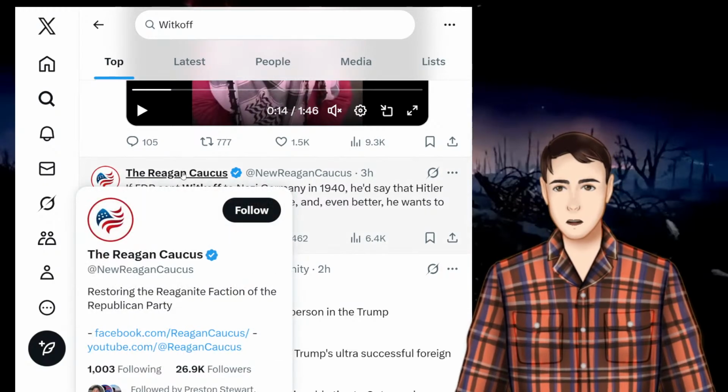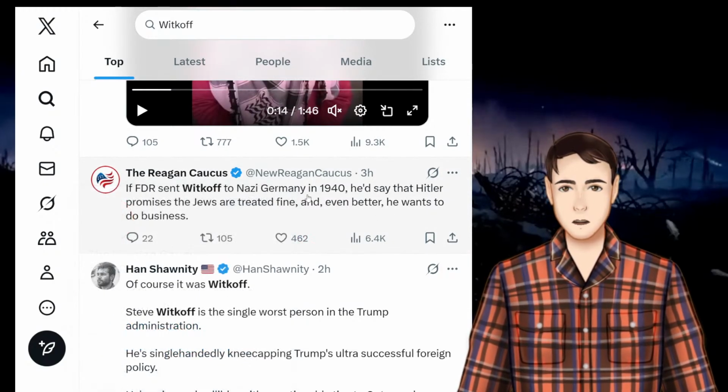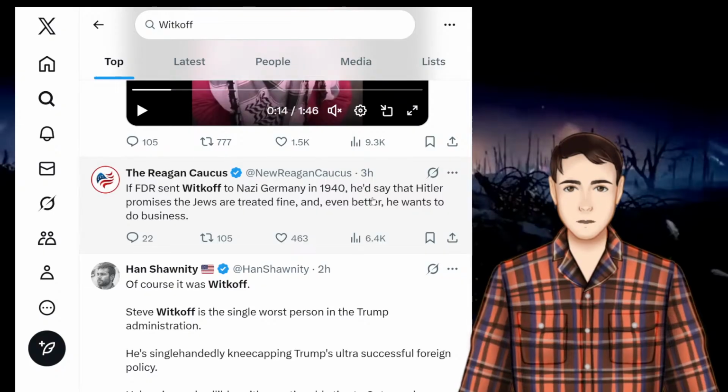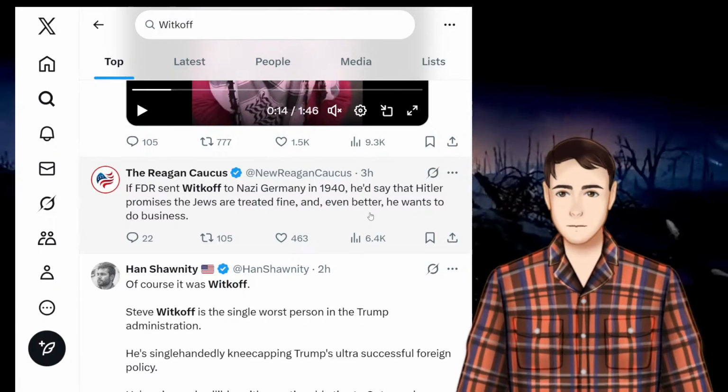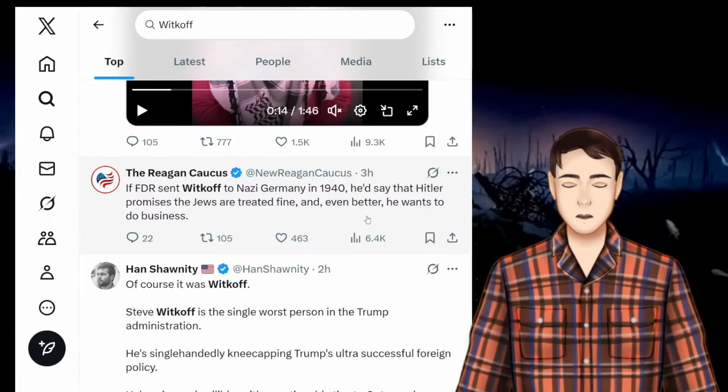"The Reagan caucus. If FDR sent Witkoff to Nazi Germany in 1940, he'd say that Hitler promises the Jews are treated fine and even better. He wants to do business." FDR would never have sent somebody like Witkoff.